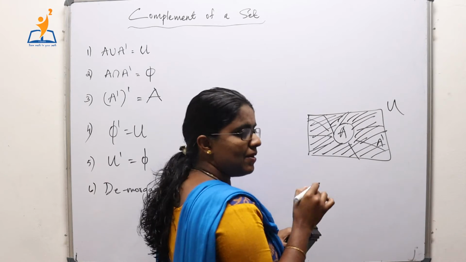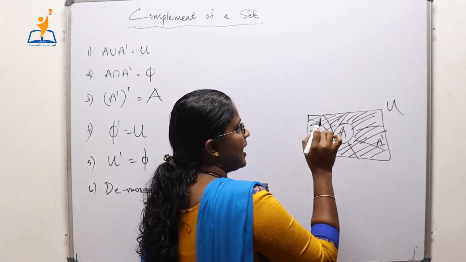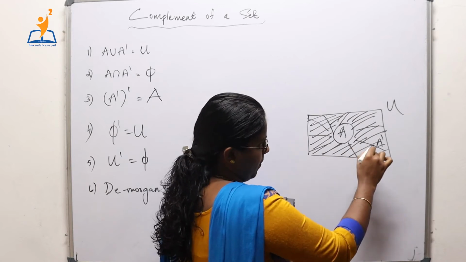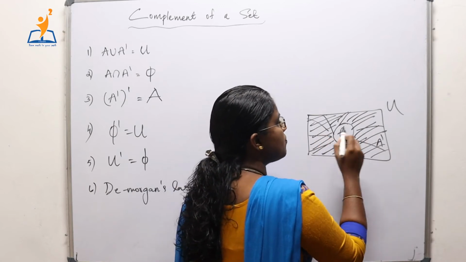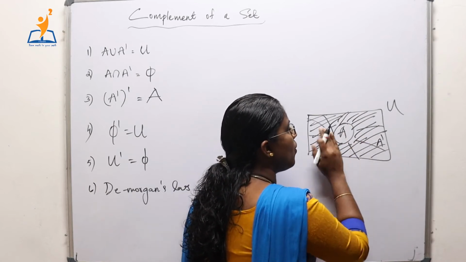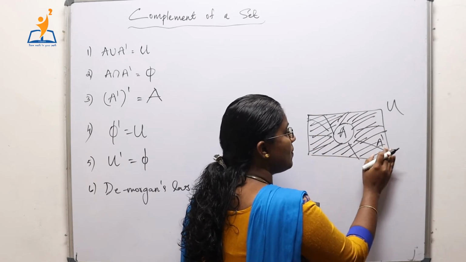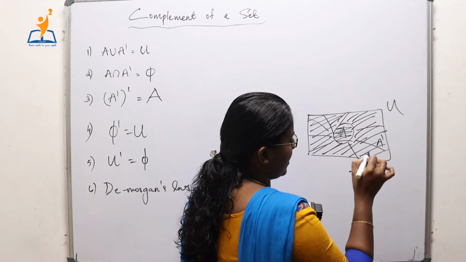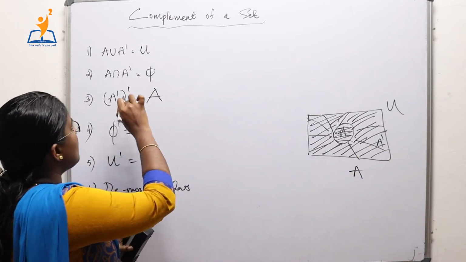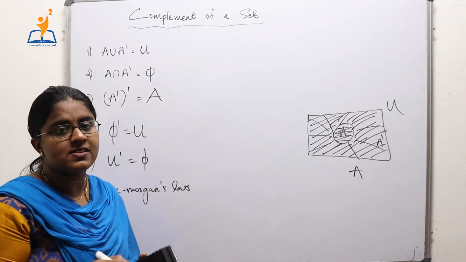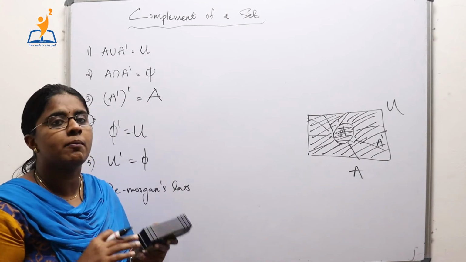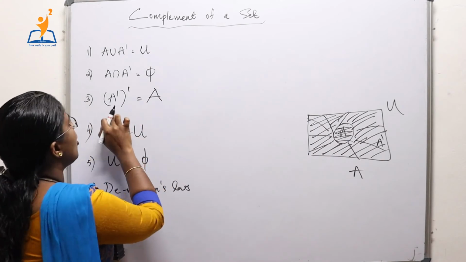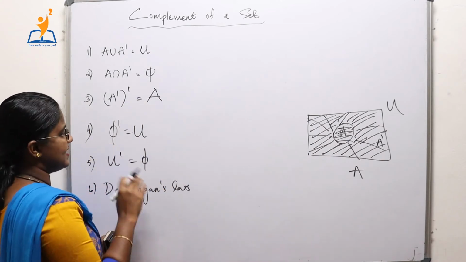The elements of universal set which are not elements of A complement. So the elements of universal set which are not elements of A complement is this particular space, that is A. So the complement of the complement of any set is that set itself.